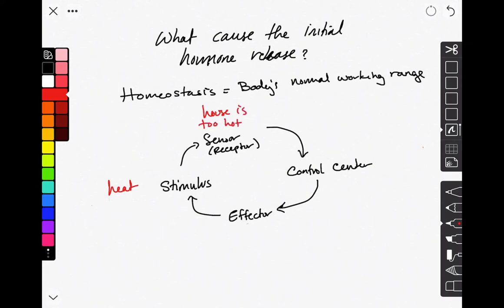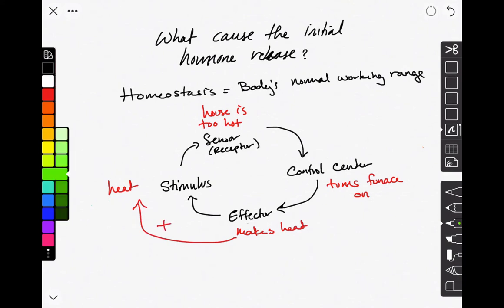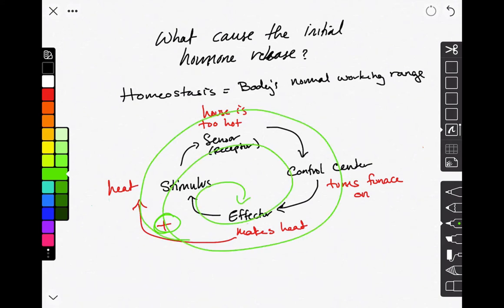And the control center turns the furnace on, and the furnace makes heat. This is going to make it hotter. Notice the plus sign there. So basically, because it's increasing the stimulus, this means that this is going to go around and around and around again.